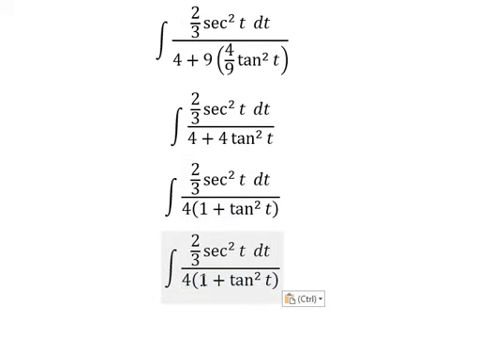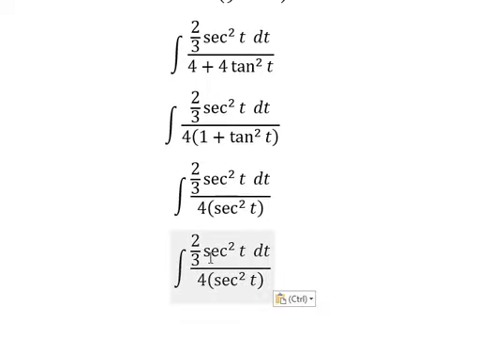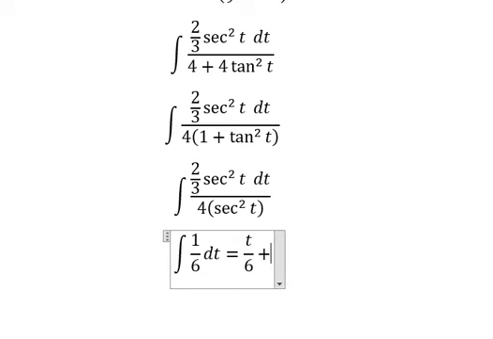So 1 plus tan t squared we change to secant t squared, and later we have this one divided by this one, and we have 1 over 6, and this one we have t over 6, and I will put plus c.